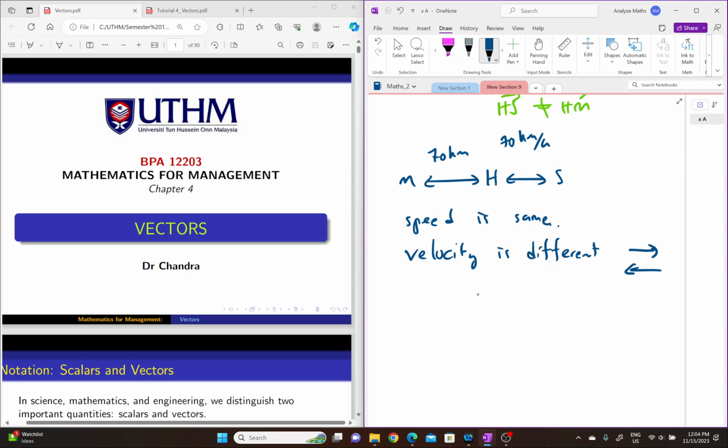Normally, going right, we put positive for right direction, and also upward, vertical upward. I just put upward here. We put negative for left and downwards.